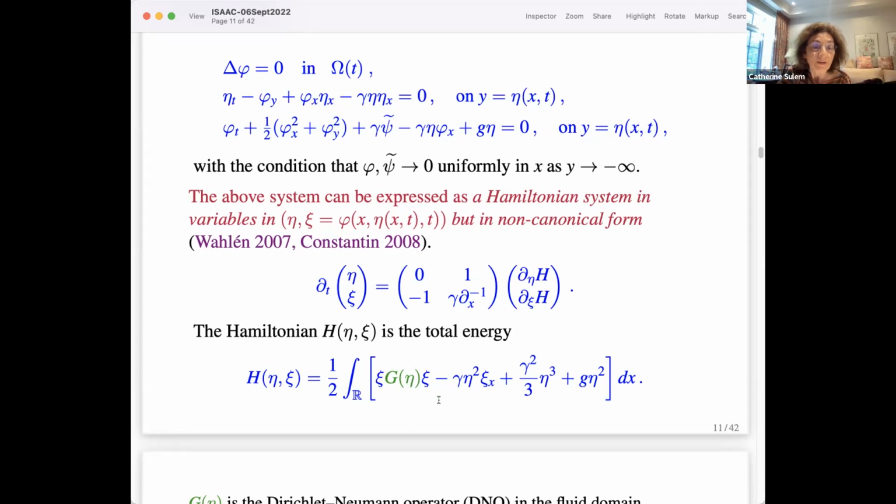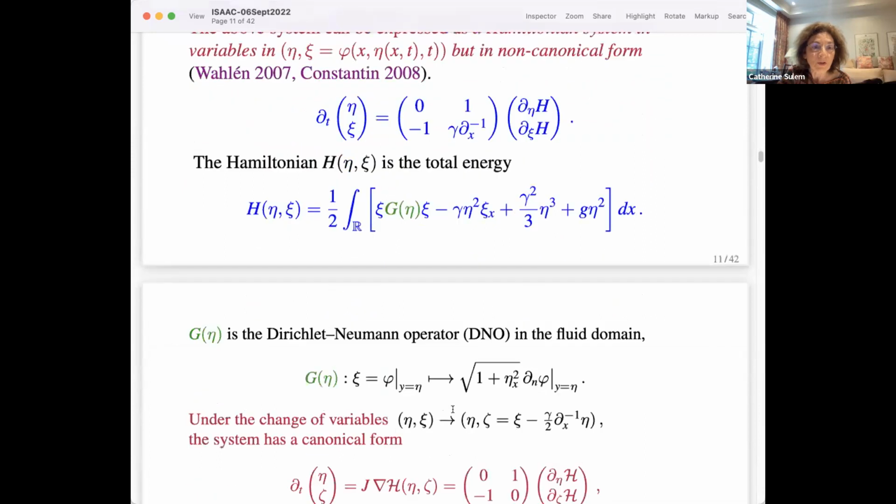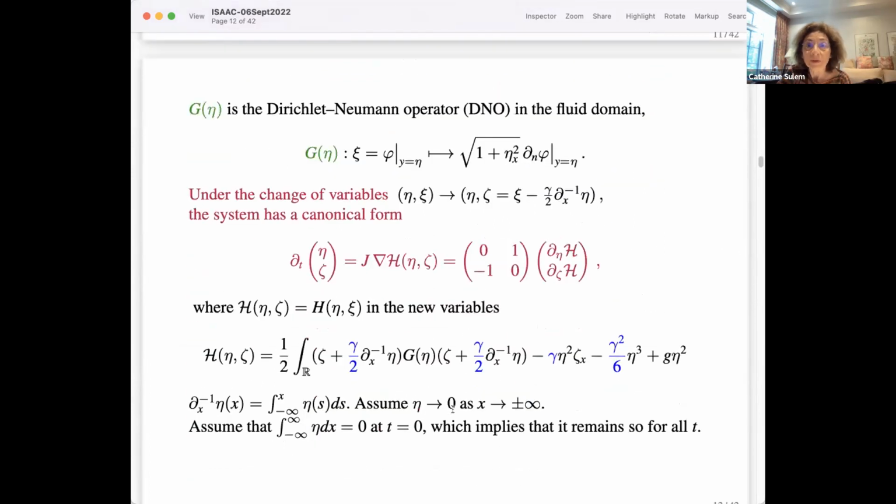G of eta, here written in green, is the Dirichlet-Neumann operator that appears naturally in the problem of water waves. It's the map that associates to Dirichlet data the normal component of the trace of a harmonic function on the surface, and it is normalized by the square root of 1 plus eta x squared.